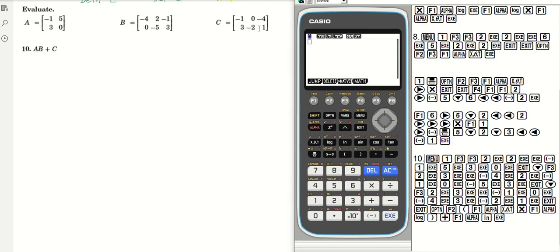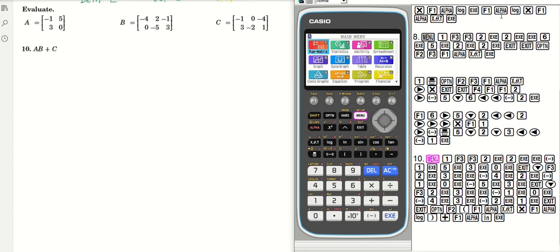Now, next, evaluate the given matrices A, B, C by using different operations, multiplication and addition. First, you need to enter the data in the given matrices.